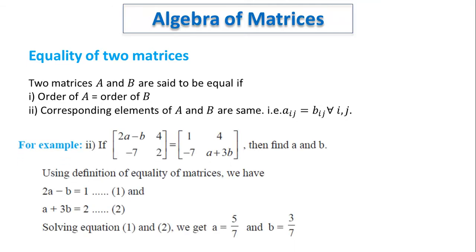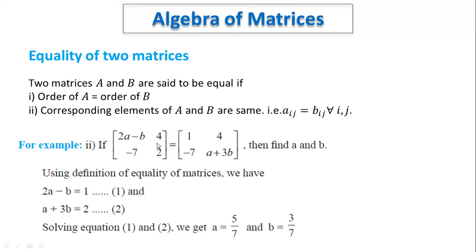For example, suppose a question is given related to equality of two matrices like this. See here, in this matrix the first element is 2a minus b, that is a11, this is a12. The second row has 4, which is a21, and minus 7, and a22 is 2.